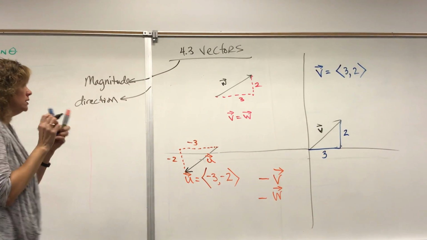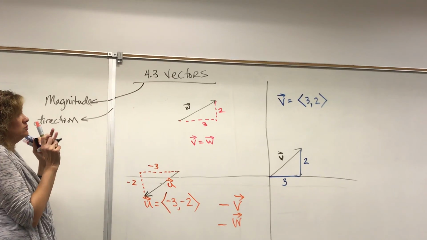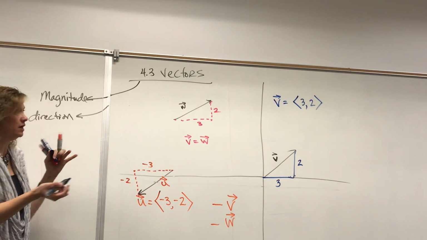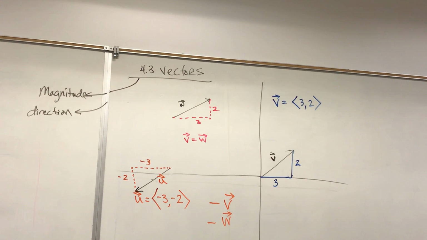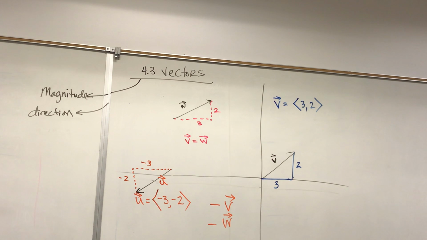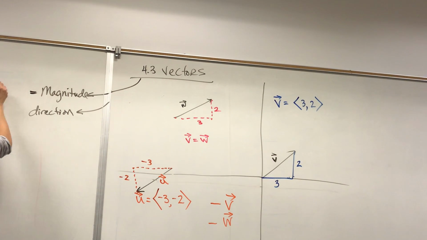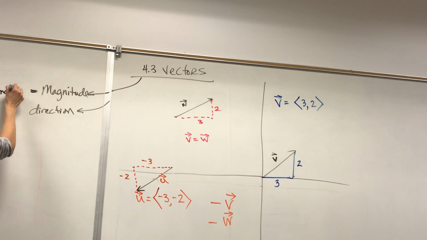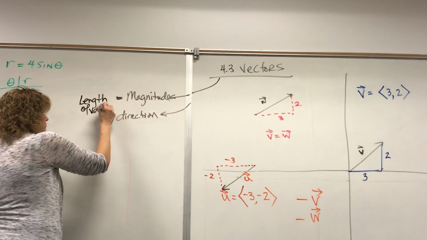Okay, so if they have the same magnitude and the same direction, then they're equal. Okay, magnitude I didn't really mention. Does anybody know what magnitude is because you already took physics? It's like a size or like the speed or length. Yeah, the length of the vector.